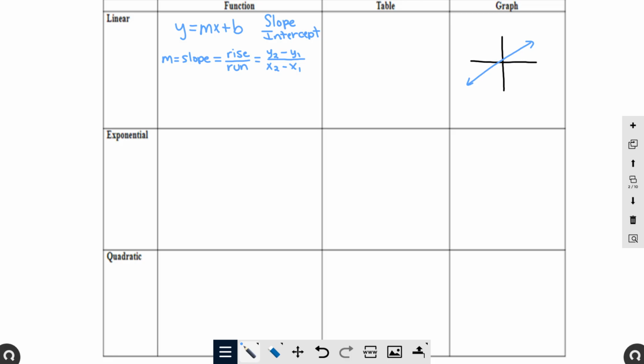We're actually going to use that equation when we do Unit 2 in a couple of weeks. And so we'll do some writing equations of a line given 2 points. But for right now, the most you need to know is y equals mx plus b. What is the b?